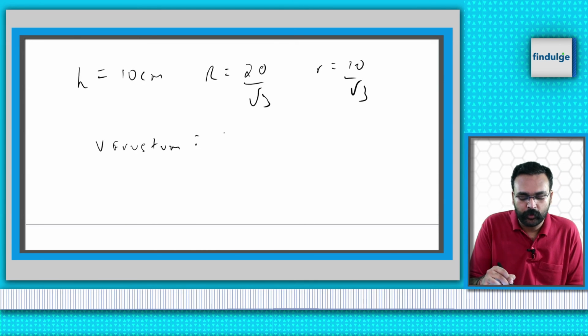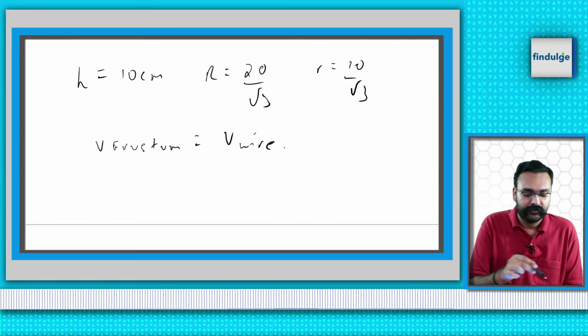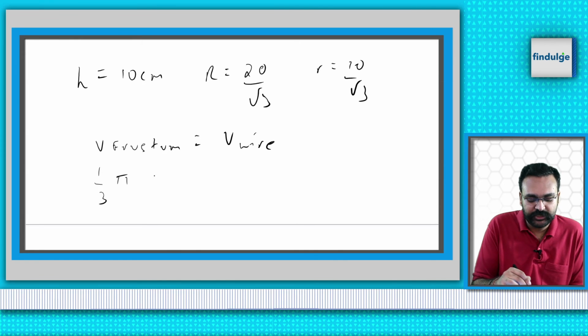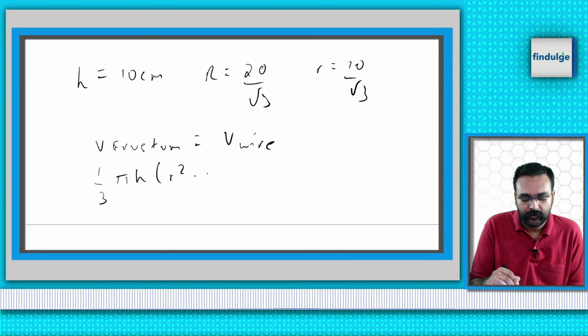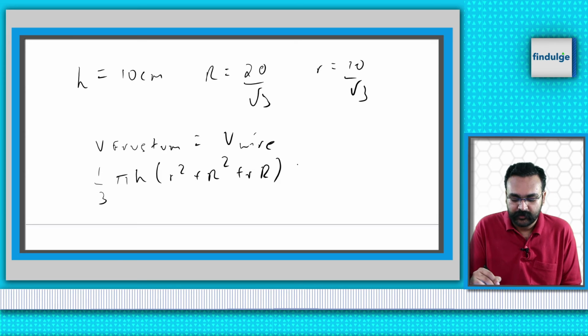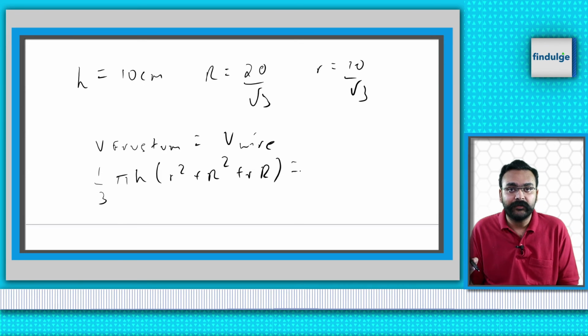is equal to volume of wire, which is itself nothing but a cylinder. So we know volume of frustum is 1 by 3 pi h (R square plus r square plus Rr), equal to volume of wire. As we said, it is nothing but a cylinder.